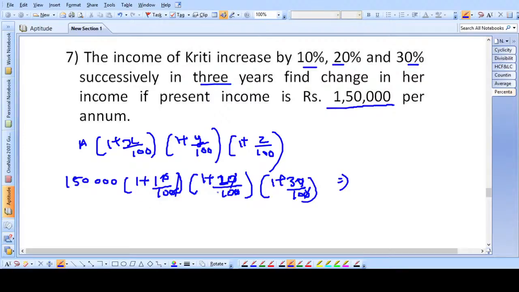Multiply all this and you will get the answer as 257,400. Okay, something like that in rupees. This is the change in her income after this much increase by 10%, 20%, and 30%.